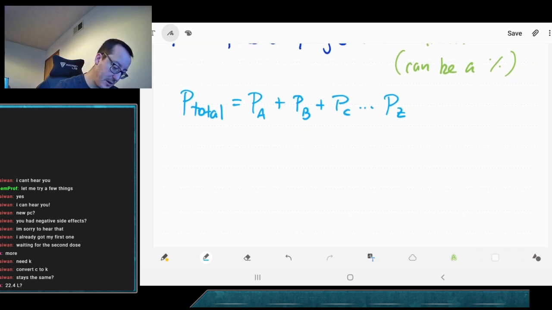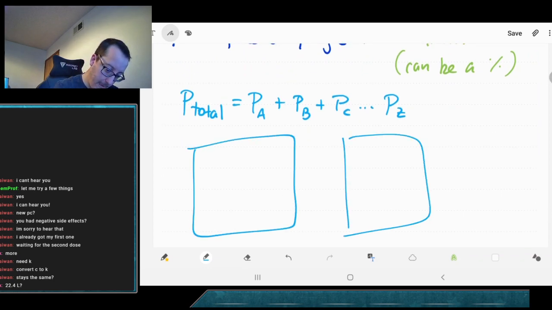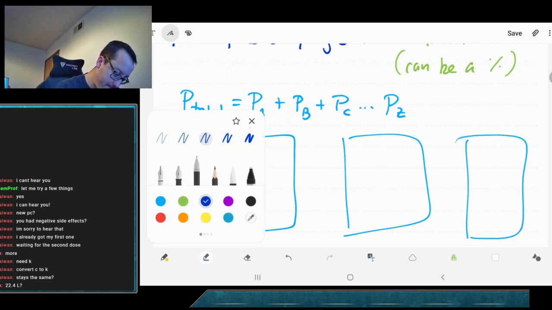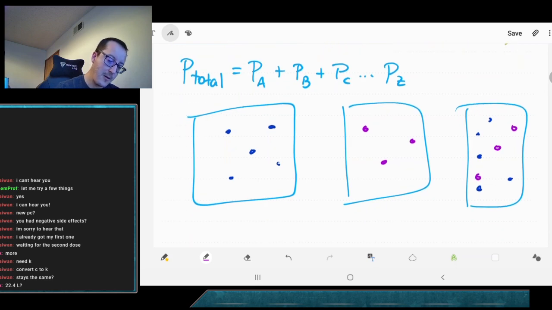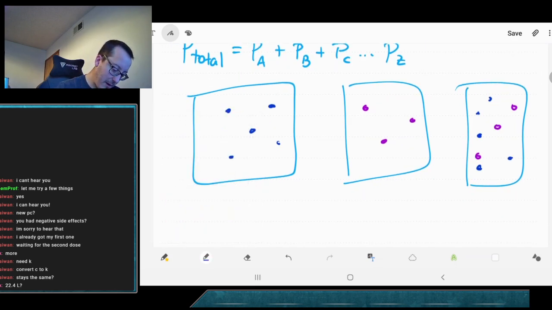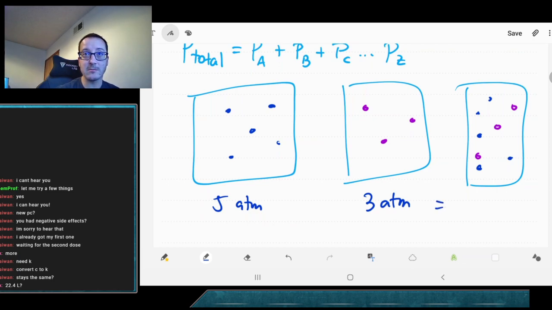If we want to see this visually, let's use purple ones perhaps. If this gas had 5 atmospheres and this gas had 3 atmospheres, and we put them together in the same container, moving one from one container to the other, that would be 8 atmospheres total.